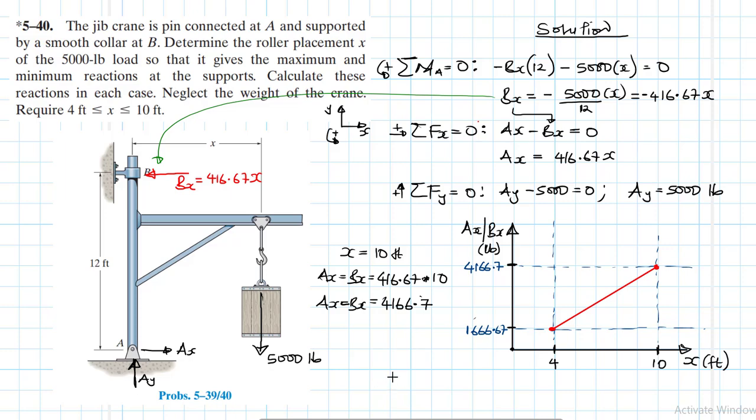The function, like we already said, is AX, which is also equal to BX, with AX in this direction and BX in this direction, equal to 416.67x.